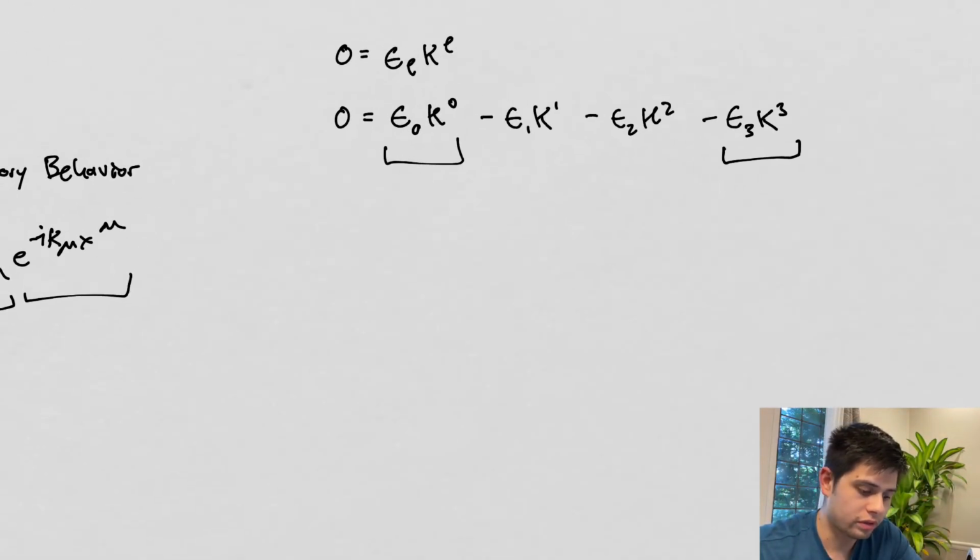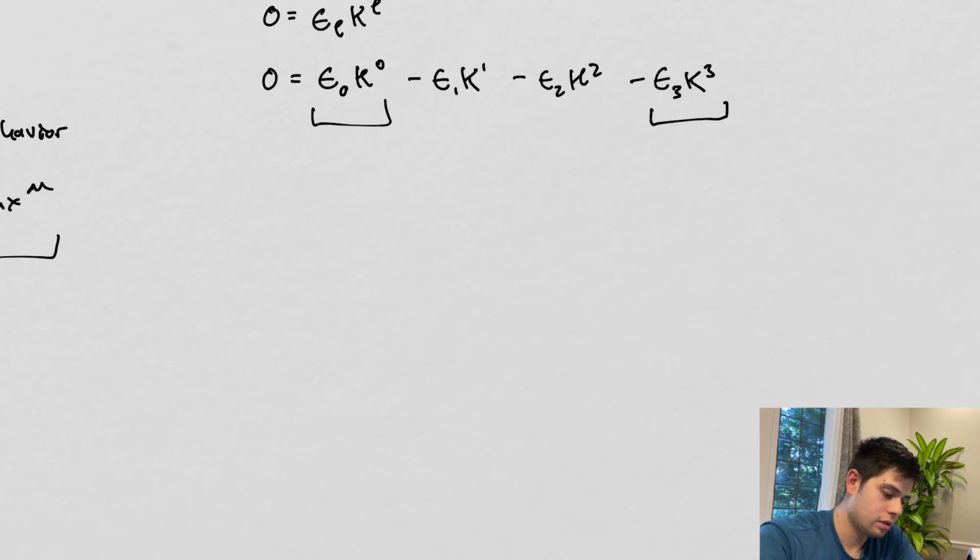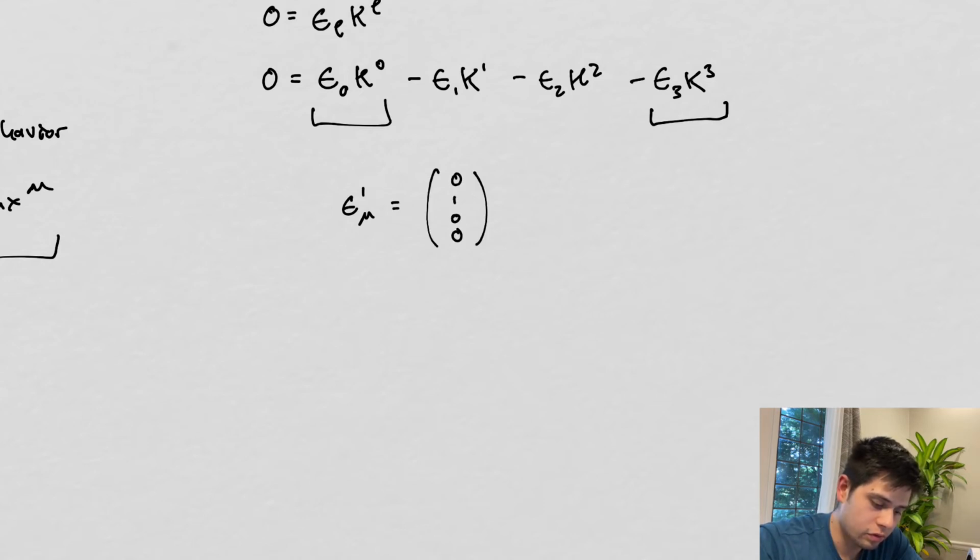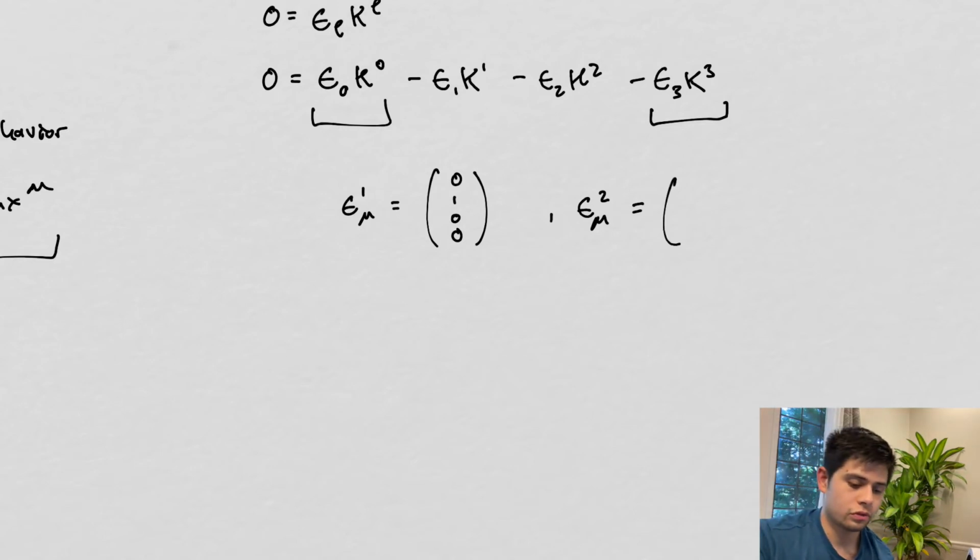And so what this means is that E1 mu is equal to 1, 0, 0, 0, and E2 is equal to 0, 1, 0, 0.